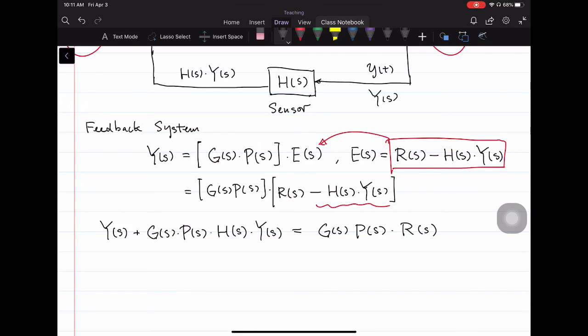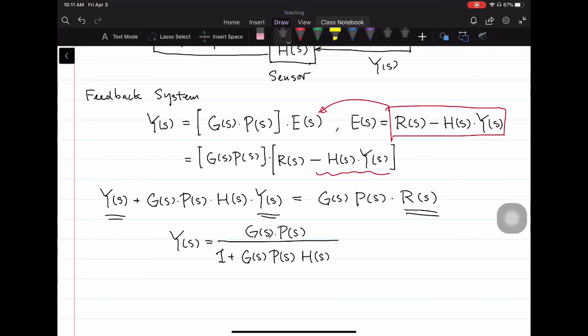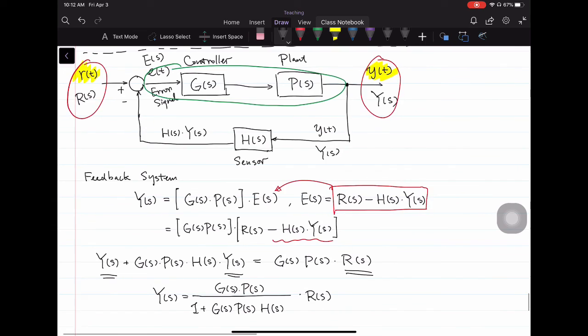Now, all terms on the left have Y of S involved, and the only term on the right you have is R of S. These are the Laplace transforms of the input and the output signals. So one step later, we'll have Y of S equal to G of S, P of S divided by 1 plus G of S, P of S, H of S, times R of S. And this is the transfer function of the above closed loop feedback system.